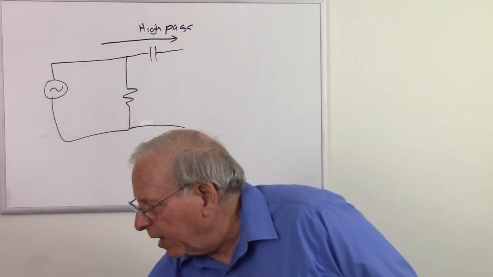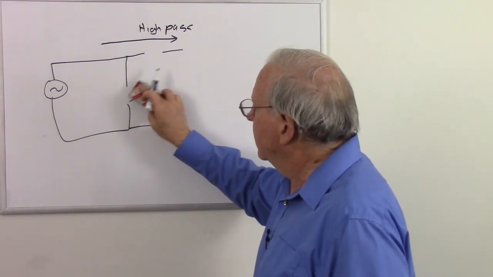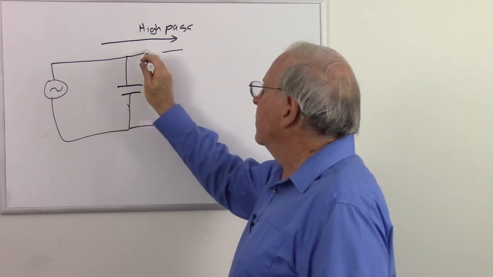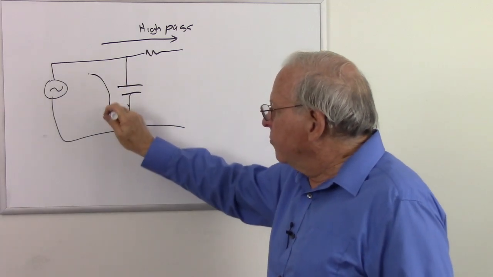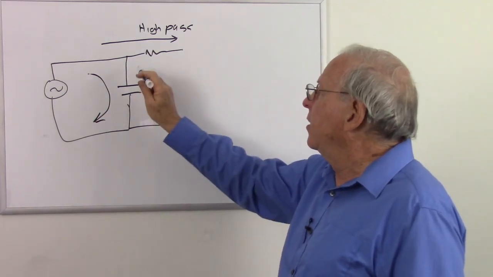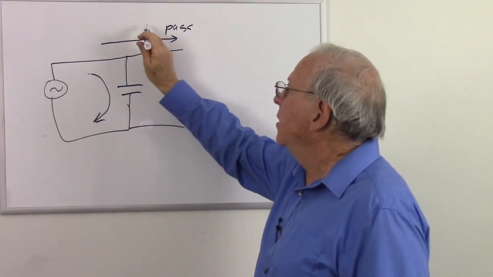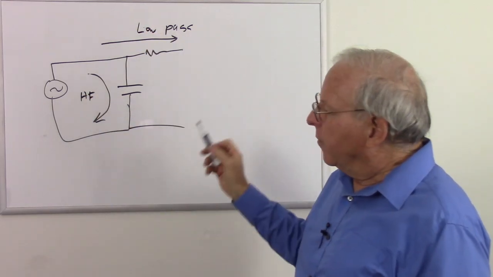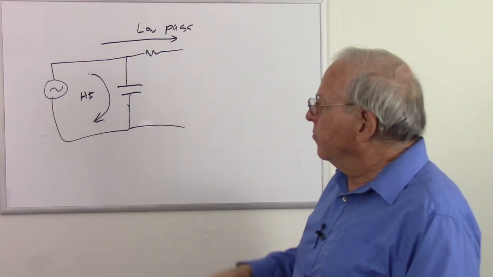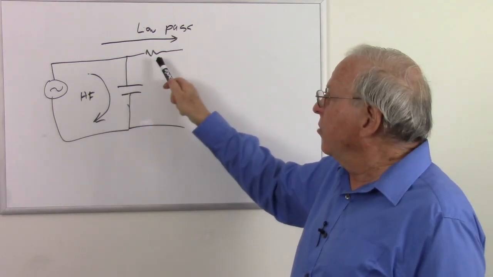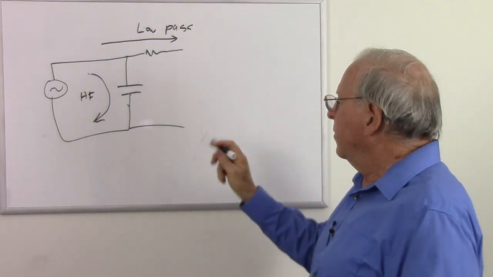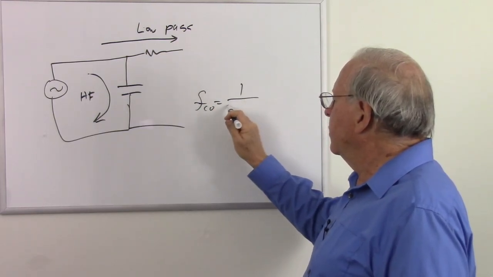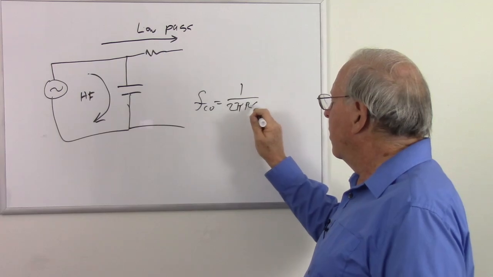But if we flip this around and put the capacitor across the circuit, high frequencies go through the capacitor, so they're shunted away, so this now makes a low-pass filter. And then once again, as we just discussed, the cutoff frequency is where the capacitive reactance equals the resistance, and that's calculated with cutoff frequency equals 1 over 2 pi RC.